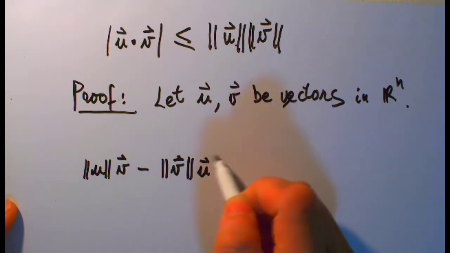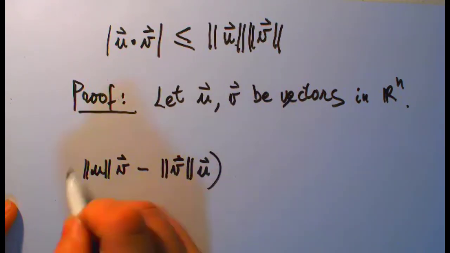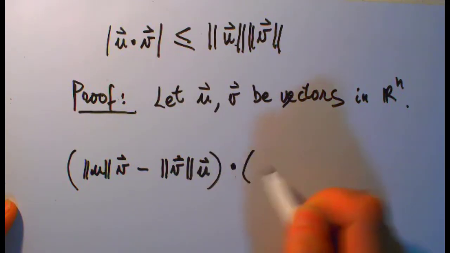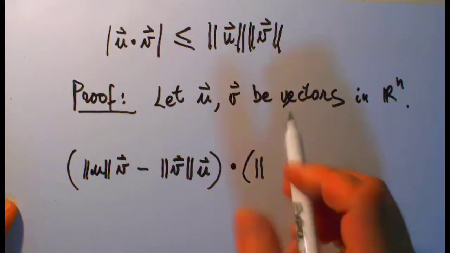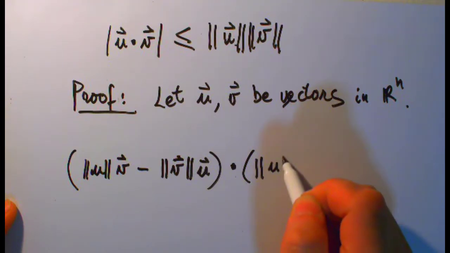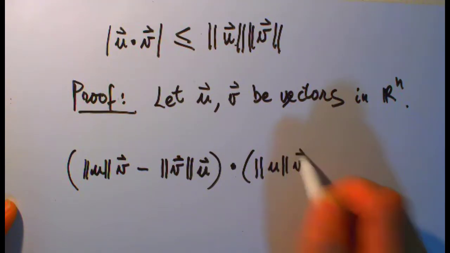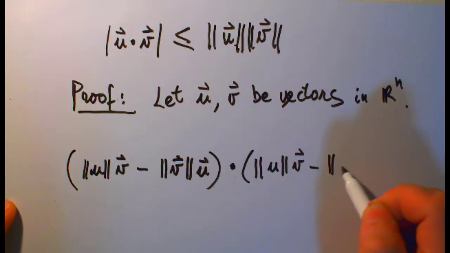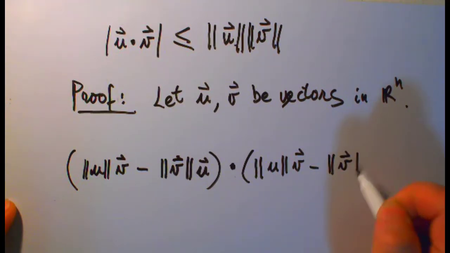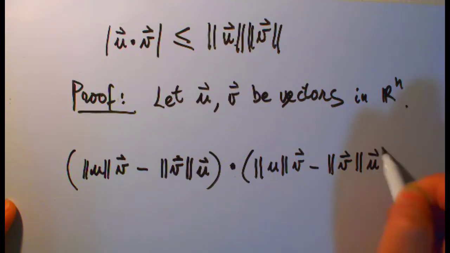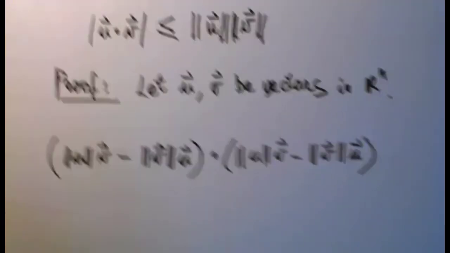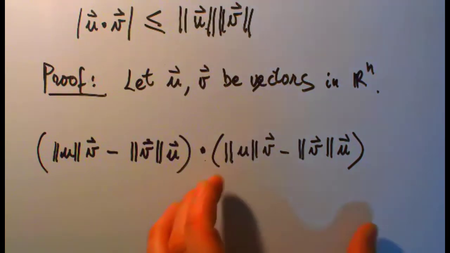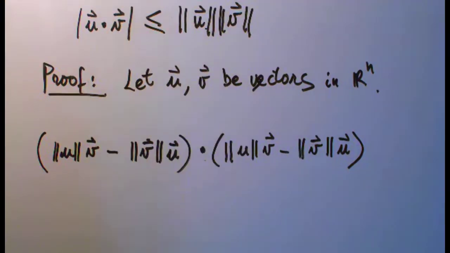If we take the dot product of this vector with itself right here, it does look a little too big for the expression, but basically I'm taking the dot product of the exact same vector.